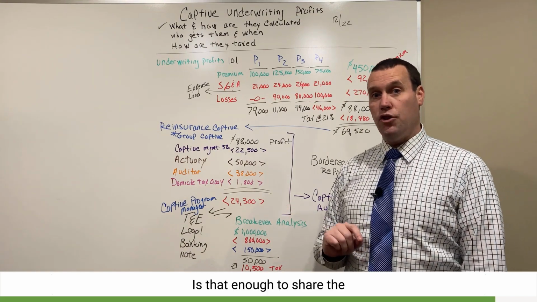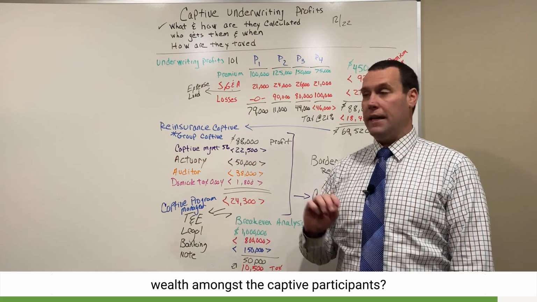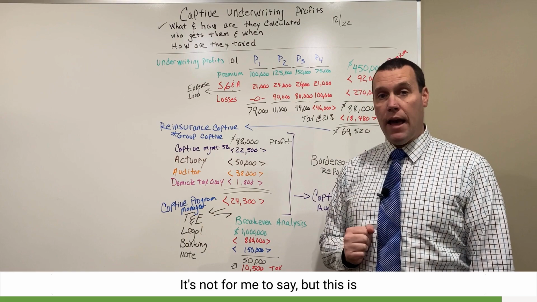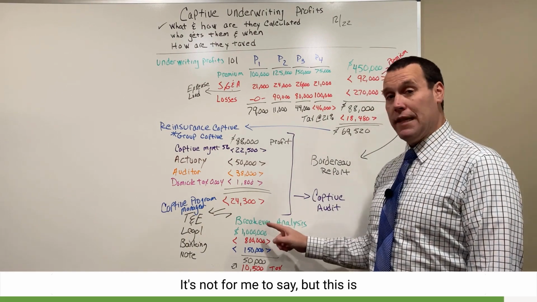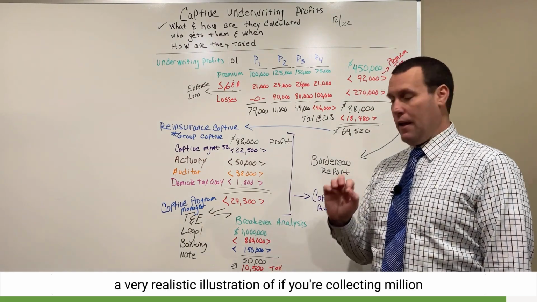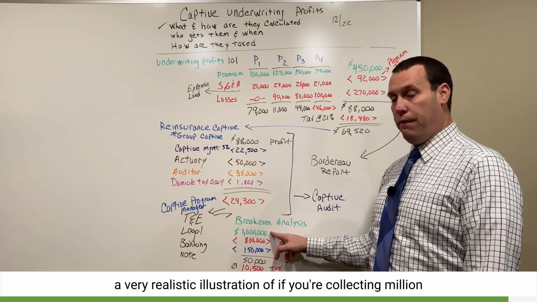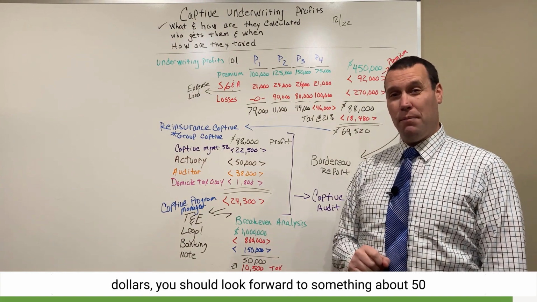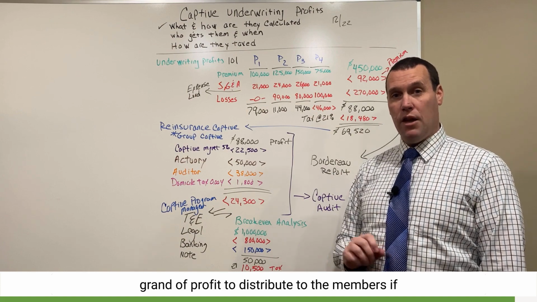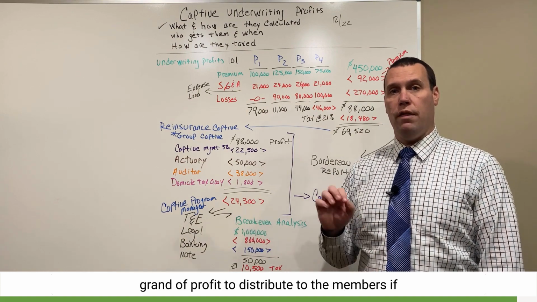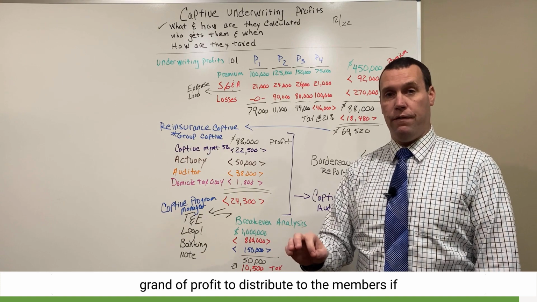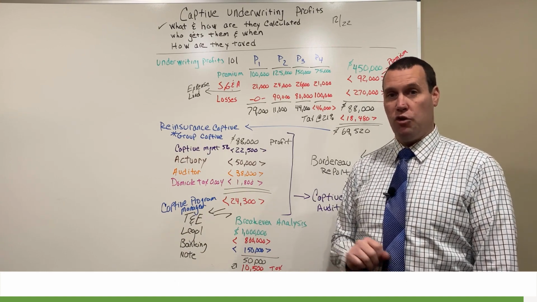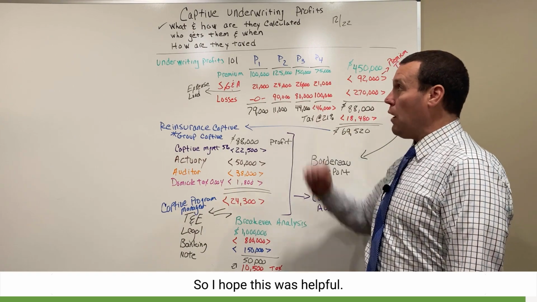Is that enough to share the wealth amongst the captive participants? It's not for me to say, but this is a very realistic illustration of if you're collecting $1 million, you should look forward to something about 50 grand of profit to distribute to the members, if you're distributing the underwriting profits to the members. So, I hope this was helpful.